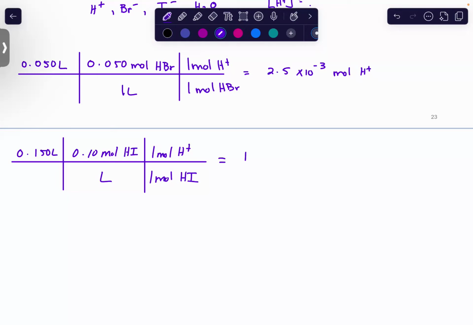This is going to give me 1.5 times 10 to the negative second moles of H plus. Now, both of these are giving off protons. So I need a total amount of protons in solution.